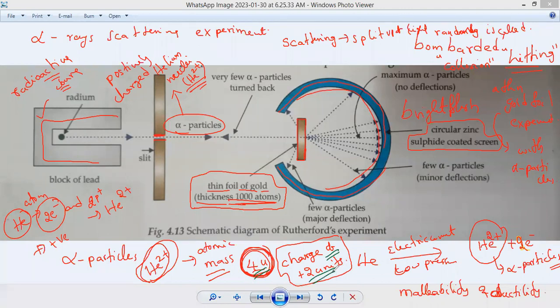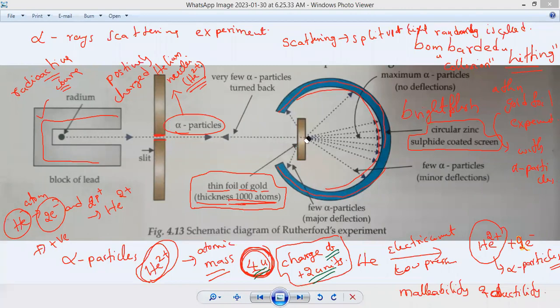So Mr. Rutherford thought that after hitting this gold foil, all the alpha particles would come back. Do you understand? That was his prediction. But here the experiment took place completely opposite to his expectations.